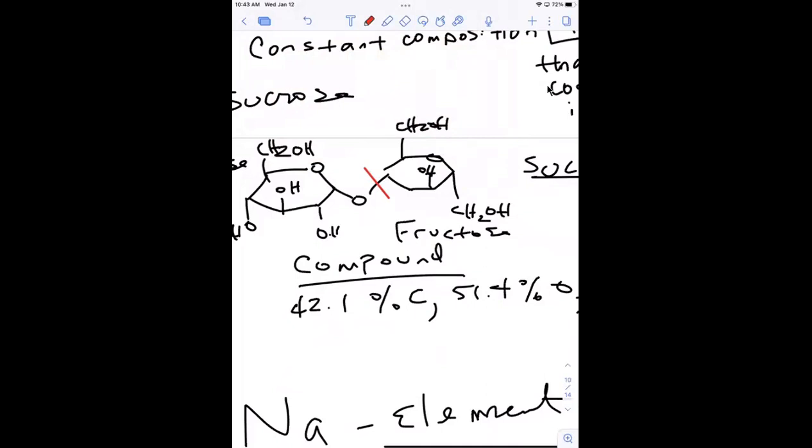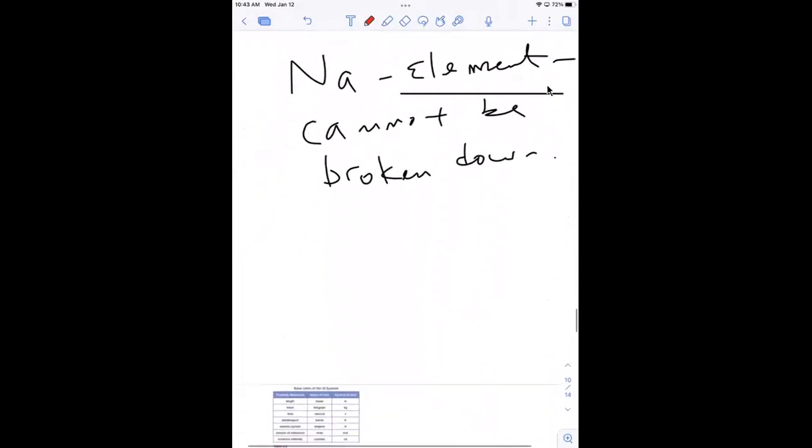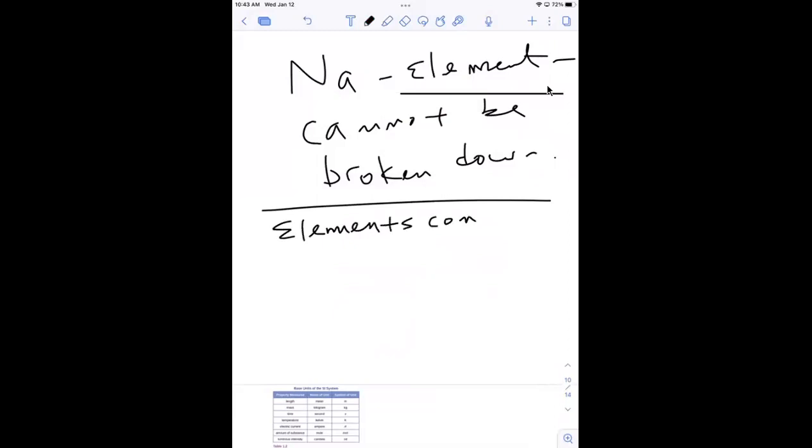So let's think about this in terms of properties, right? Because for pure substances, if you combine elements to make compounds, all right, so if you combine elements, you make compounds, right?